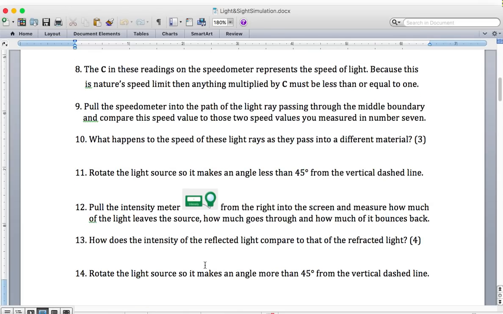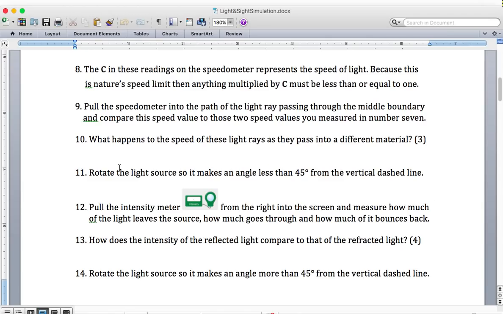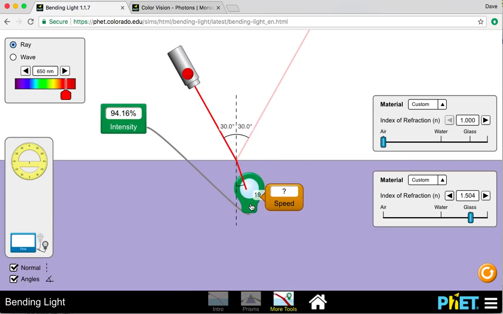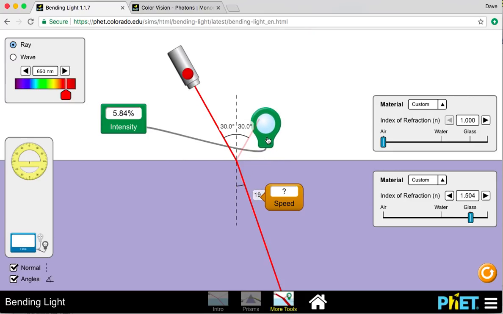So how does the intensity of the reflected light compare to that of the refracted light? So the reflected versus the refracted. In this case, we see that there is much more light that's being refracted or transmitted, just in the general sense, than there is light that's being reflected.